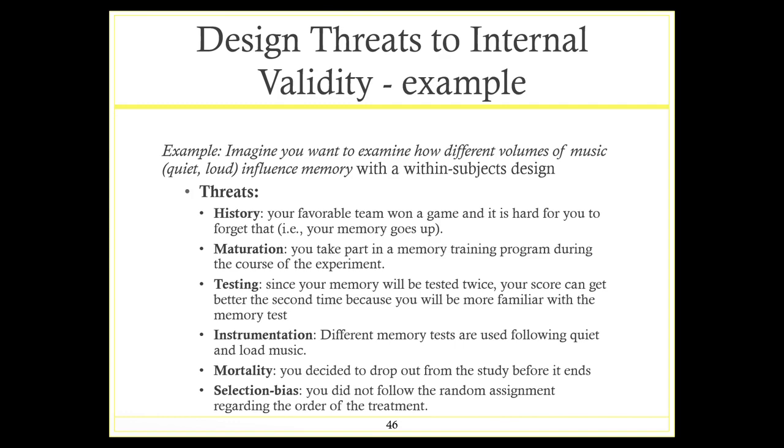For the between subject design, you need to randomly assign participants to different groups with different treatment or control conditions. With the within subject design, you need to randomly assign participants to different orders of presentations of treatment or control conditions. And that means counterbalancing. So random assignment is key to the experiment.